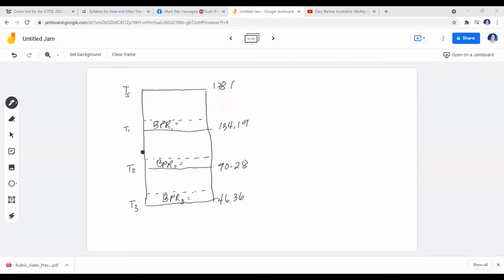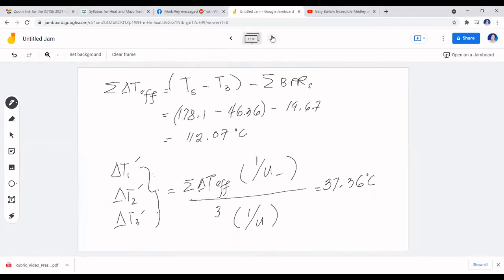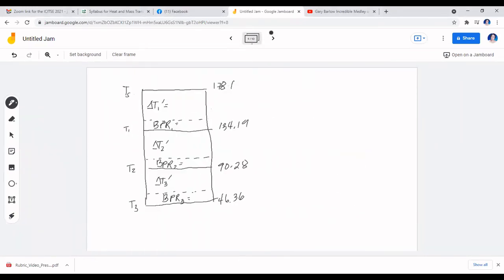So while you have here delta T1 prime, delta T2 prime, delta T3 prime, your delta T1 prime is at least 37.36, the same with the rest.